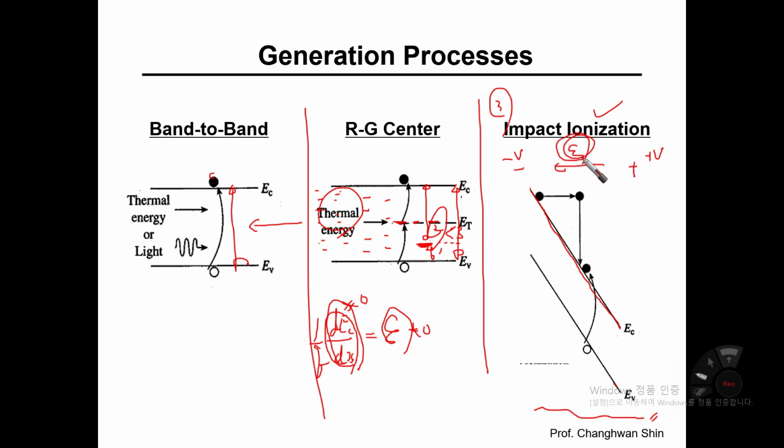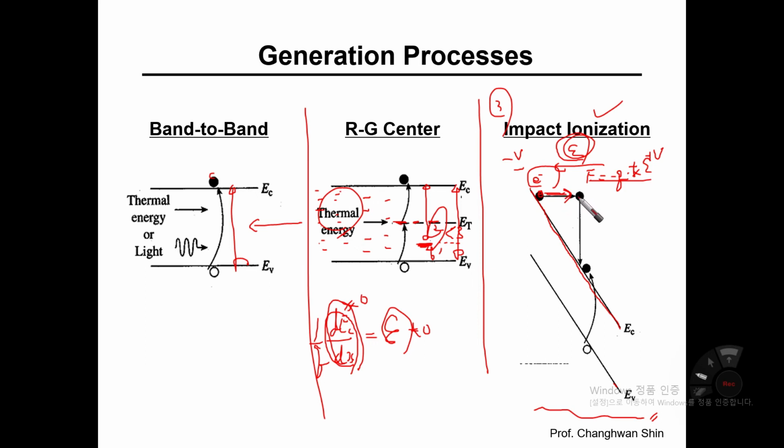Because of this electric field, a single free electron in the conduction band can be accelerated by the force. Force is minus q times electric field, as we learned in the drift section, Chapter 3.1. So the electron is accelerated and its velocity keeps increasing.